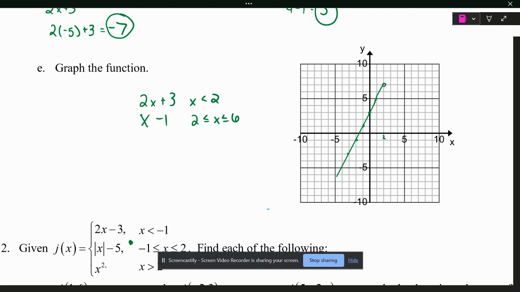So if I plug 2 into x minus 1, I end up with the point (2, 1). And if I plug 6 into x minus 1, I'll end up with the point (6, 5). So if I plot those two, (2, 1) and (6, 5), then I could just draw that line.